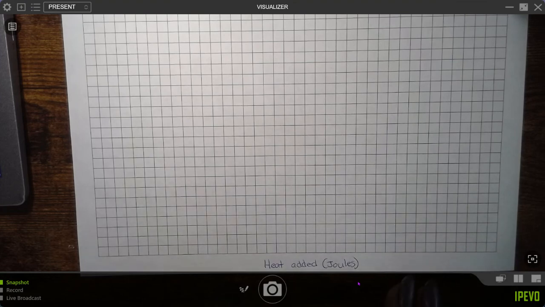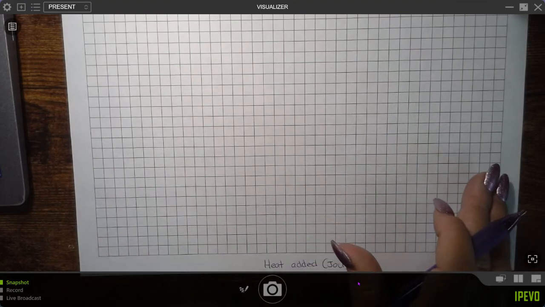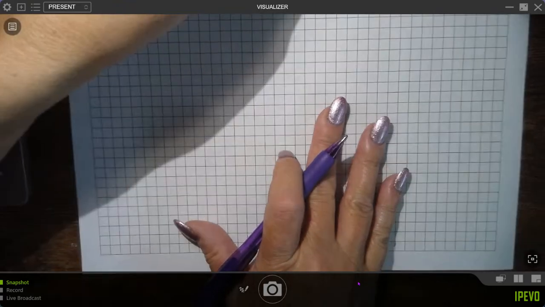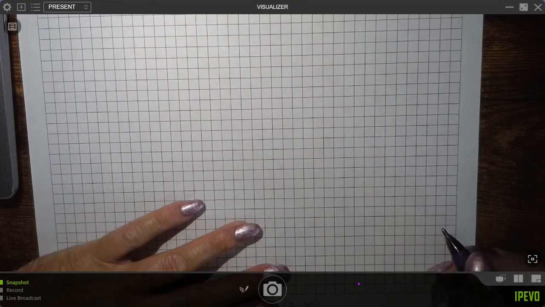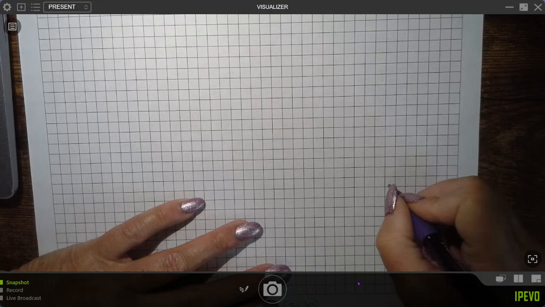If we're looking at a heating curve of water, we want to observe all three states of matter: solid, liquid, gas. A couple of things that are important with water.